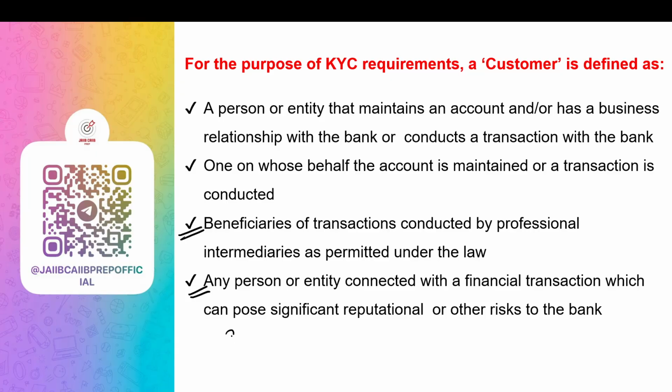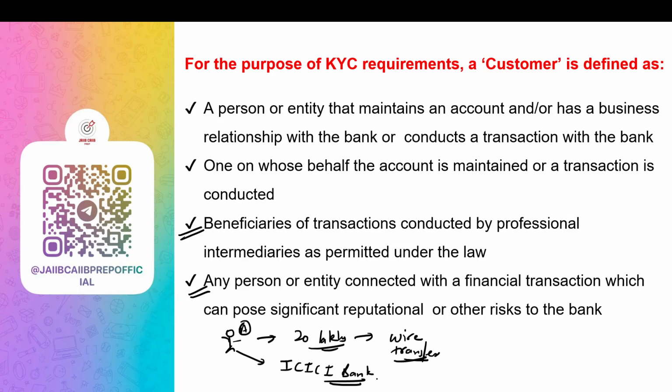So there's a person A who transfers 20 lakhs through wire transfer. Even though person A does not maintain an account with, say, ICICI Bank, still ICICI Bank will treat Mr. A as its customer.